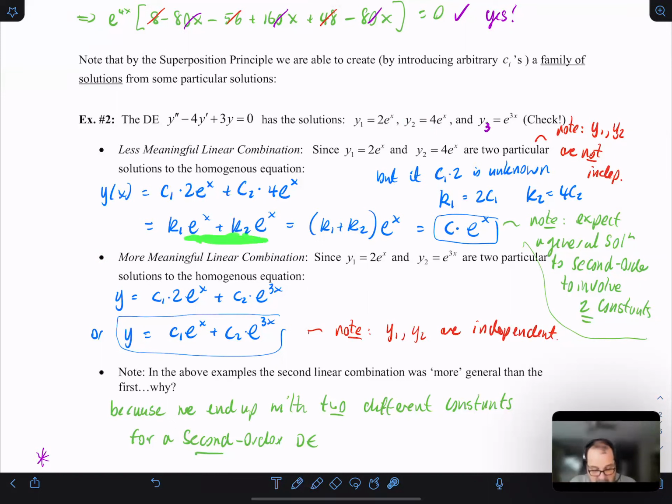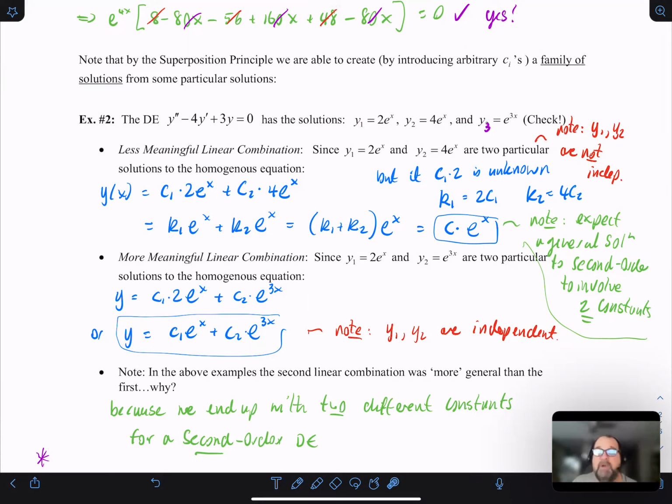The first 2 were able to be, so the point is, loosely speaking, y1 and y2 in the original example weren't really all that different from each other. They were both e to the x type solutions. What we needed to get something more meaningful and more general is 2 really different, actually different functions. That is, a type e to the x and a type e to the 3x.